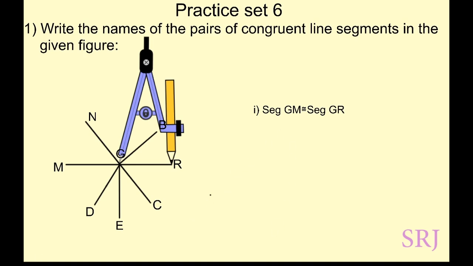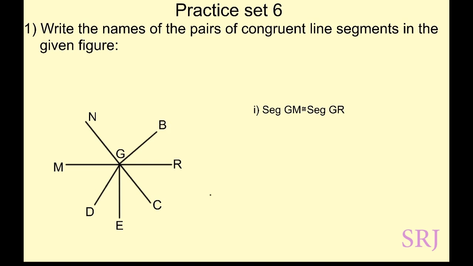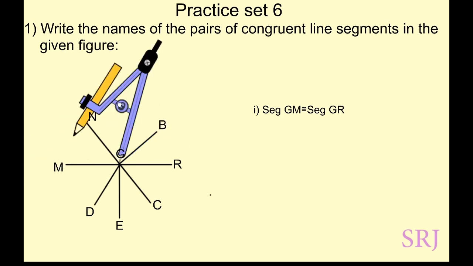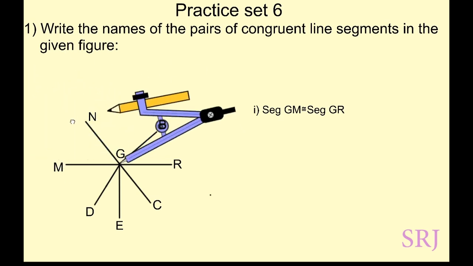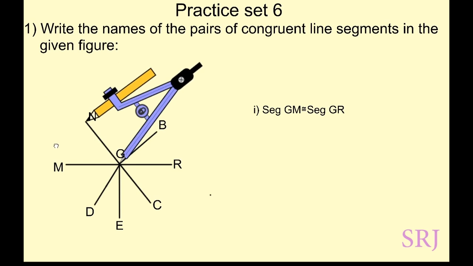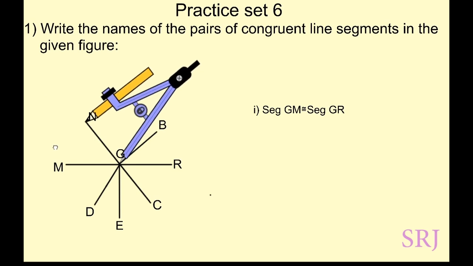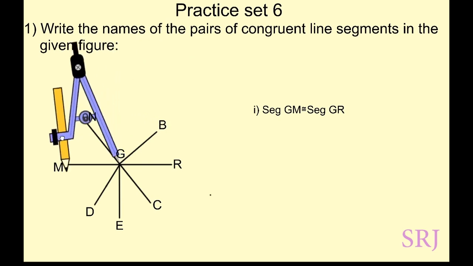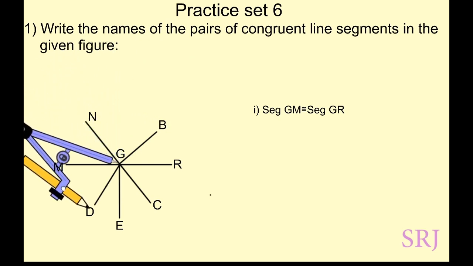Now let us see the second line segment. So now let us start with another line segment. Take for example, we'll take the next line segment as GN. So now here it is set. Now we have to see which other line segment is congruent. Let us check this line segment, that is line segment GD.